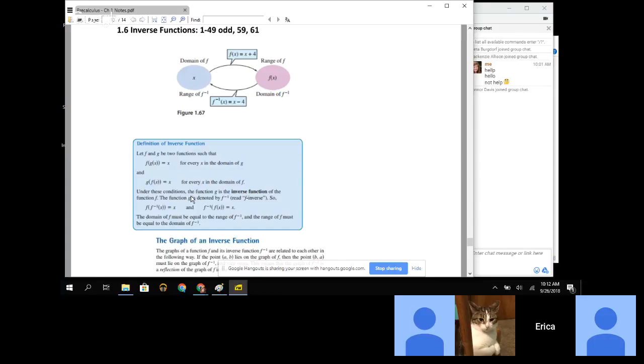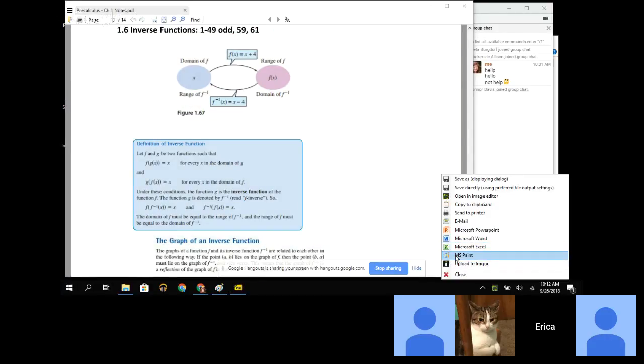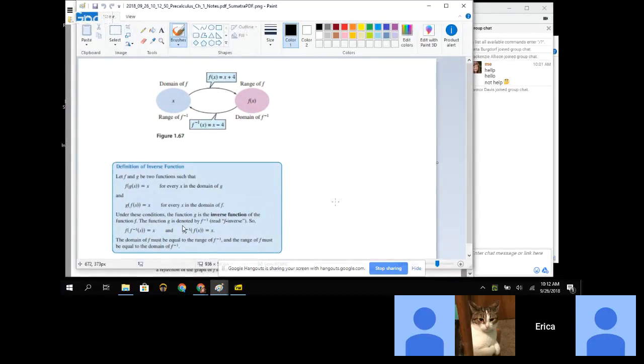Okay, so that was a whole bunch of words, but basically in our very simple example that we started off with, this is what it means. Going back to these two: f of x equals x plus 4, and g of x equals x minus 4.